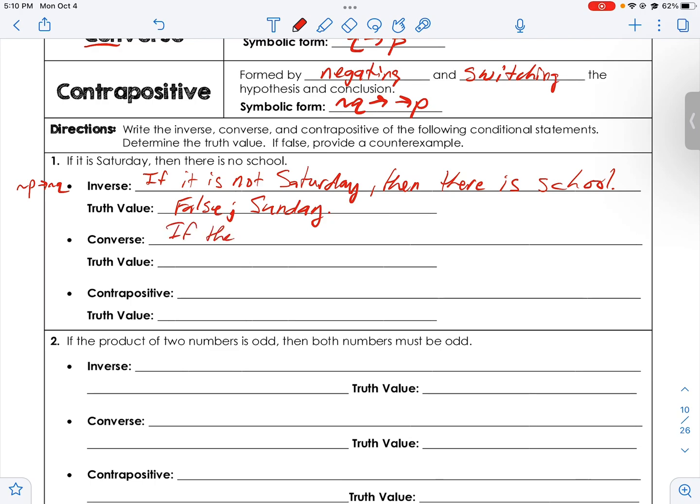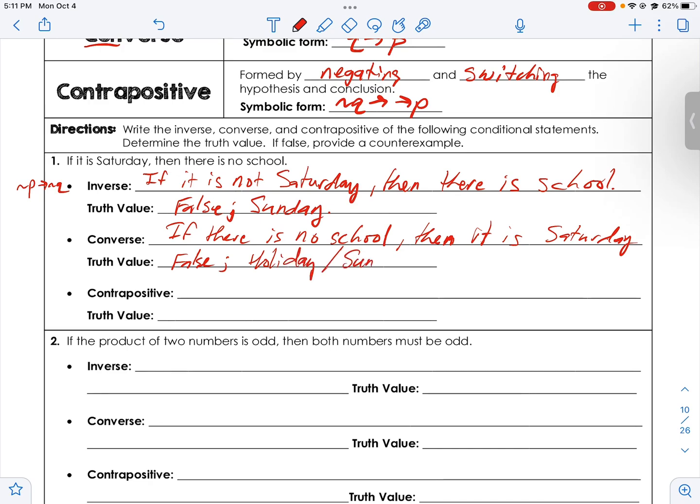The converse. If there is no school, then it is Saturday. Oh, why is it getting weird? I don't think that's true either, because maybe it's a holiday.